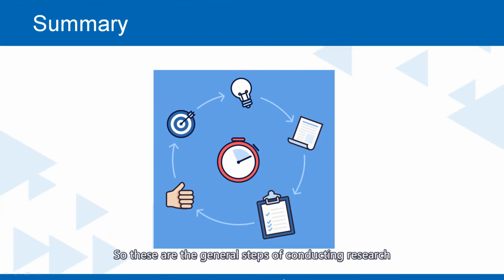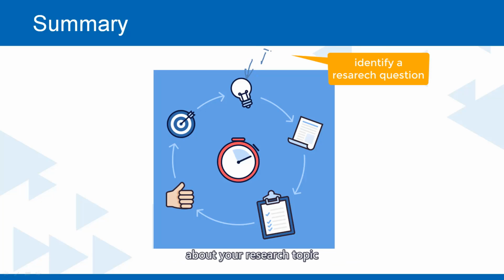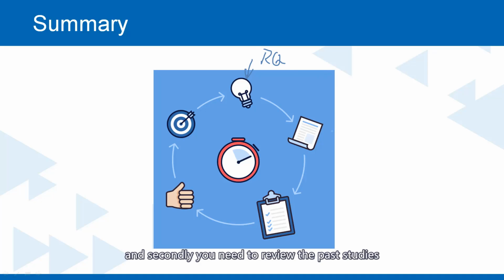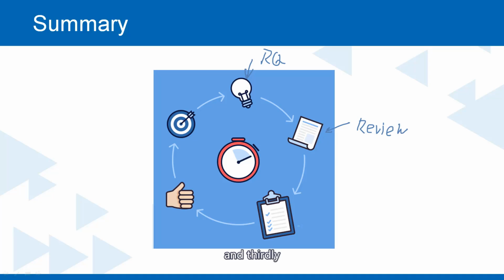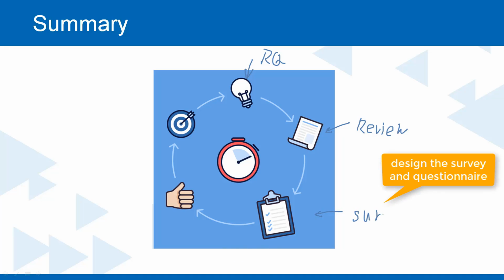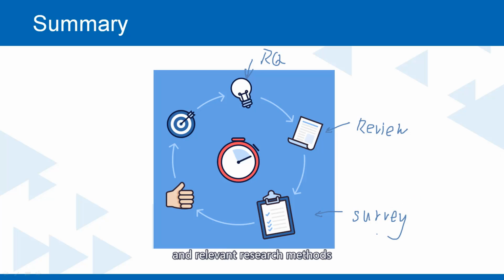So these are the general steps of conducting research, and let me briefly summarize them. First, you need to have a research question about your research topic. And secondly, you need to review the past studies or the literatures concerned with your research. And thirdly, you need to design your own survey and relevant research methods.